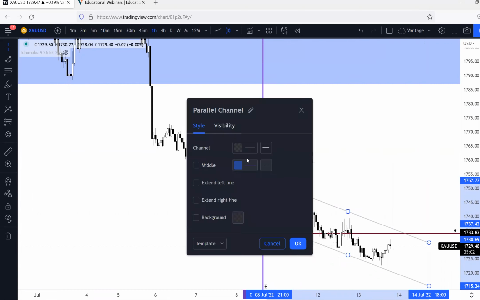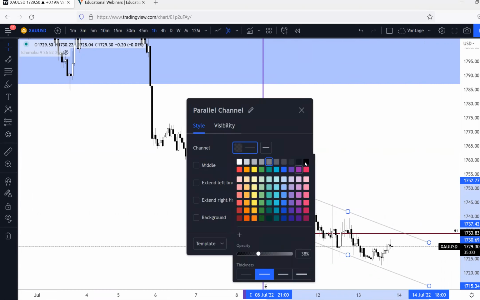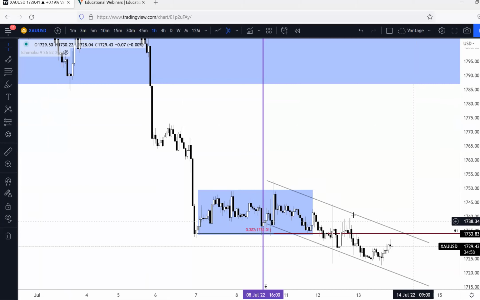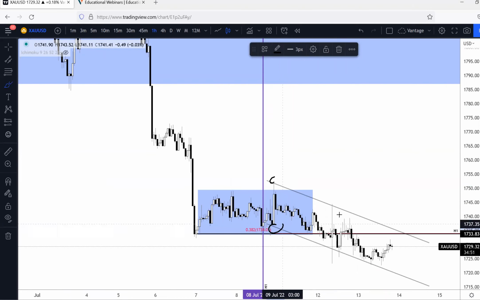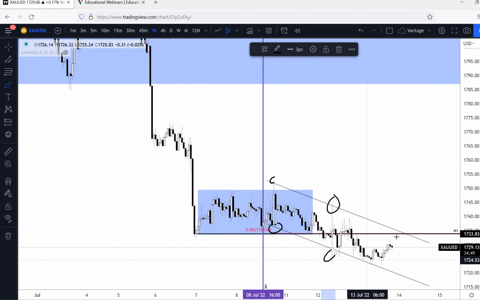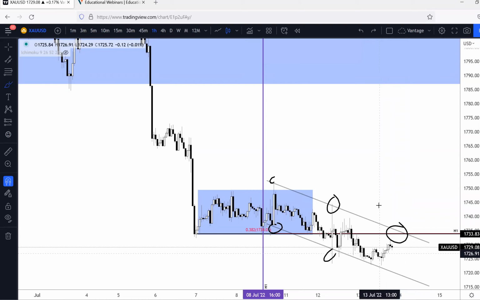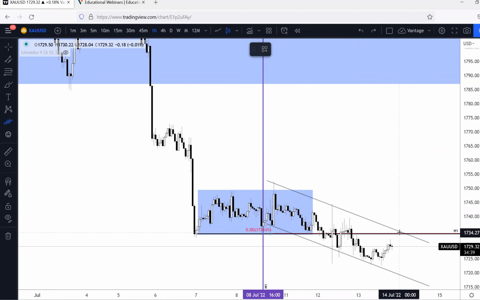Let me just put this in a different color, probably darker gray. So price came in and respected the tops and bottoms of the channel here. And again, the high and the low. And right now this resistance zone that we found also lines up with the resistance of the channel. So this is potentially what we could see.